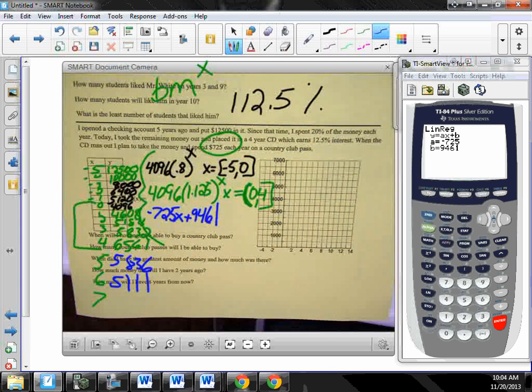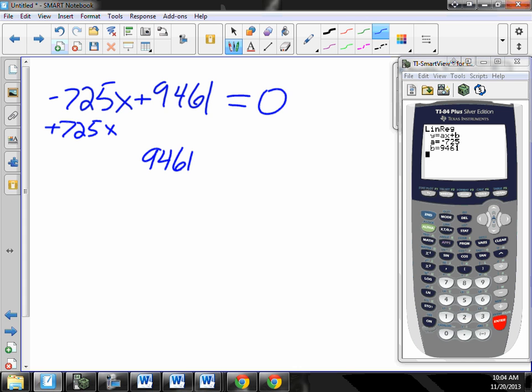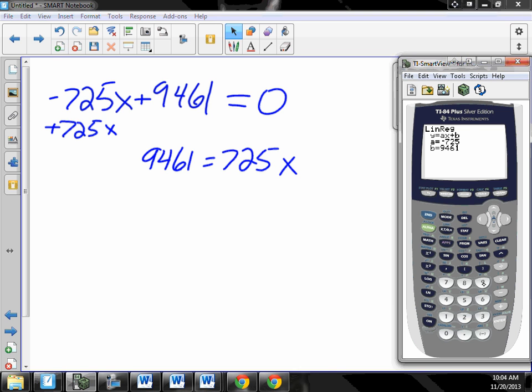But I want the actual year that it's going to stop. So I'm going to say negative 725x plus 9461. I want to know when that equals 0. So I add 725x. I get 9461 equals 725x. So 9461 divided by 725.